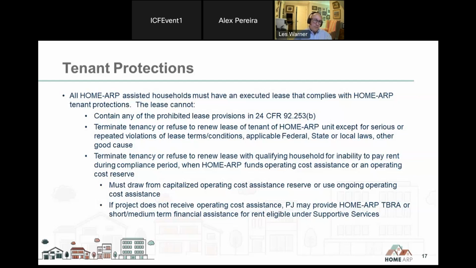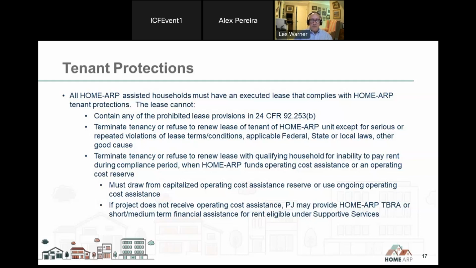And so that could be funding that's going to the project to cover that shortfall for these households, or our HOME-ARP funds could have been used to set up an operating cost reserve. And so we can't say, well, we've got a household that we're having to use these reserves or this operating cost assistance for, so let's just not renew their lease so we can save money. You're not able to do that.